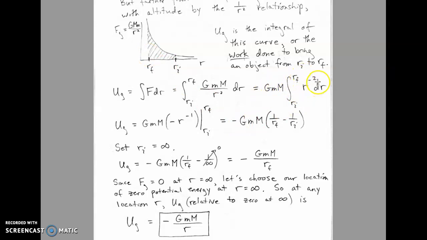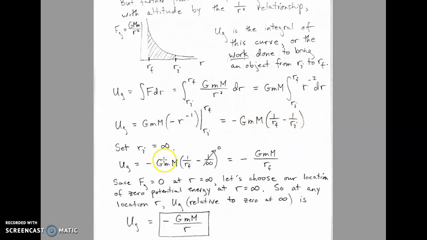Take the integral of this 1 over r squared and you get negative 1 over r, and then evaluate that. That's what this line is. Evaluate that from r initial to r final, and then you get this.